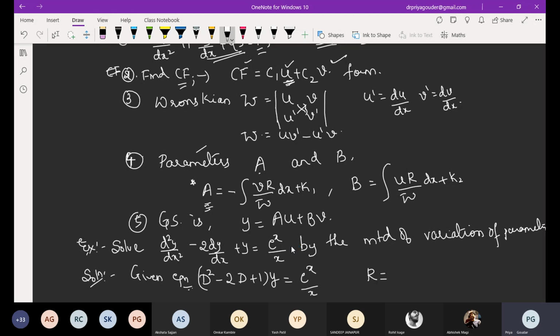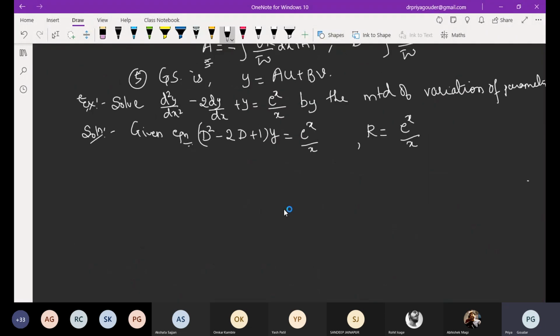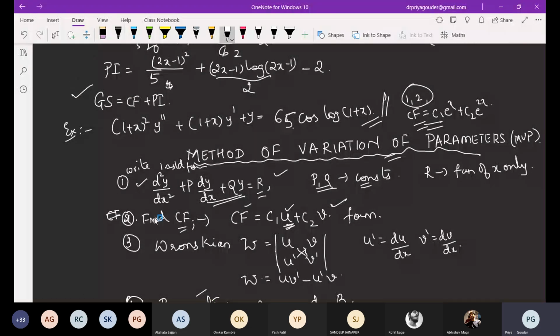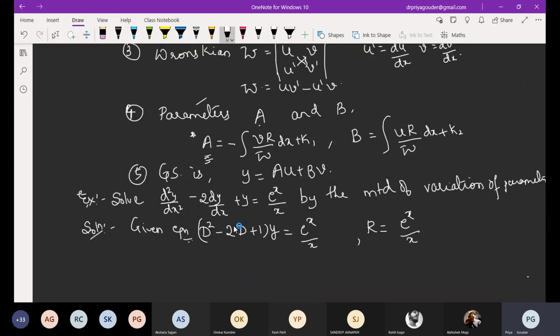What is my R here for this problem? e raised to x by x. What is the second step? We have written it in standard format. What do we have to find? CF. To find CF, what is to be done?